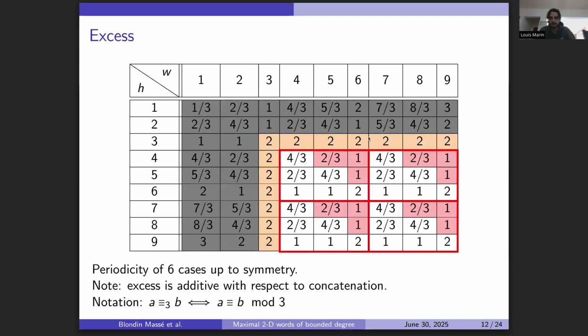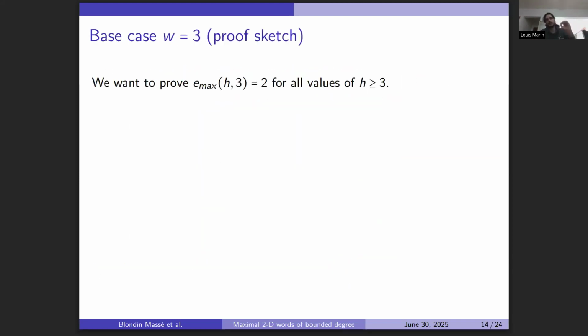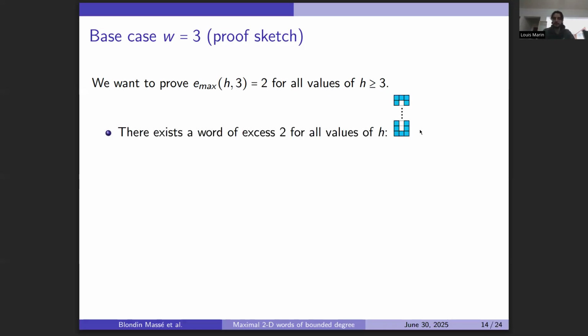We had this over here, so we know that a full word of h by 3 will always have excess 2. It's easy to obtain a word of excess 2 with 3. This is an example of how you could do it. You could simply fill the bottom row, fill the top row, and all the middle rows we can fill with this pattern: occupied, empty, occupied.